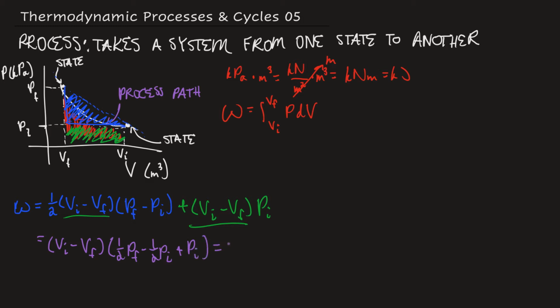So we get the initial volume minus final volume, times 1/2 the final pressure, plus half of the initial pressure, which gets us to VI minus VF times 1/2 times the final pressure plus the initial pressure.